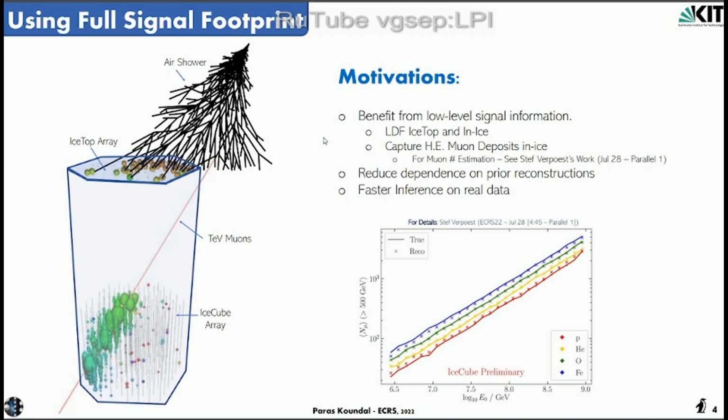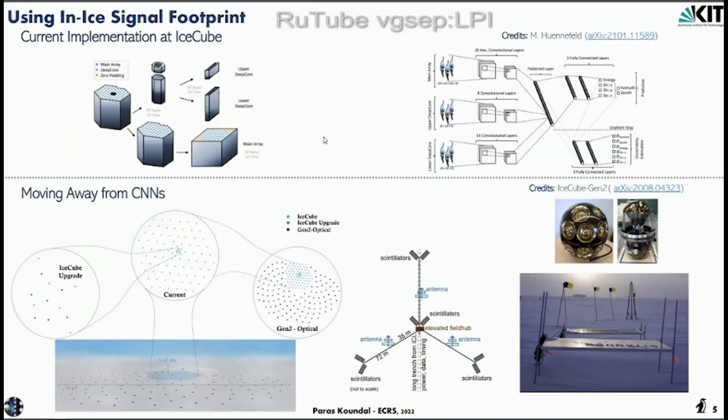When I use the full signal footprint, I would want to reduce dependence on prior reconstructions. I would also want faster inference on real data. And the current method which allows that is jumping into deep learning methods. So at IceCube, we have a current implementation of a CNN. CNN stands for convolutional neural network, where Mirko Hohenfeld has done really nice work in the neutrino sector.